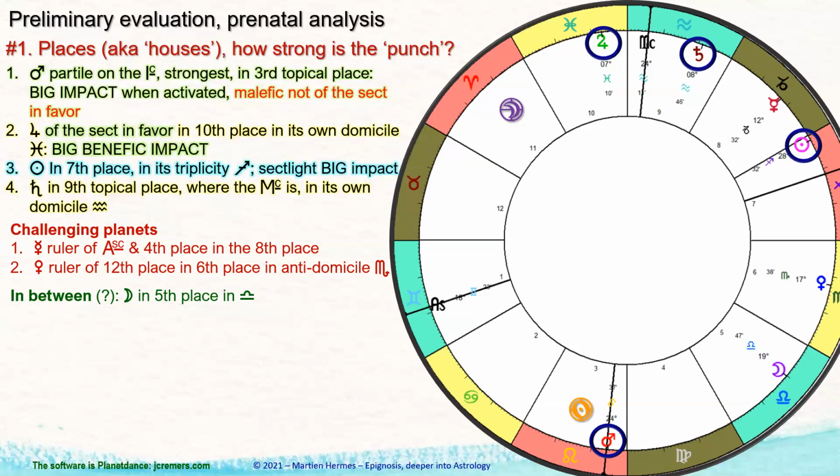That's not right, I think, but at least it's a dark house, a shadowy place. So things are not quite clear in these places. No direction. Exactly. And of course, Venus, the ruler of the 12th place, is in the 6th place in its anti-domicile, the Scorpion. So that's also a challenge.